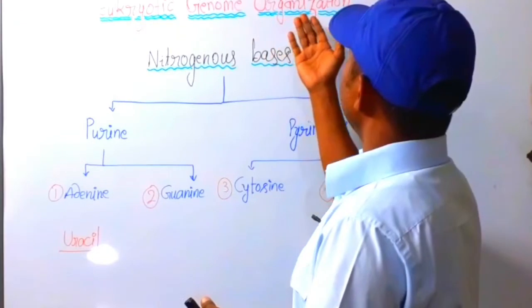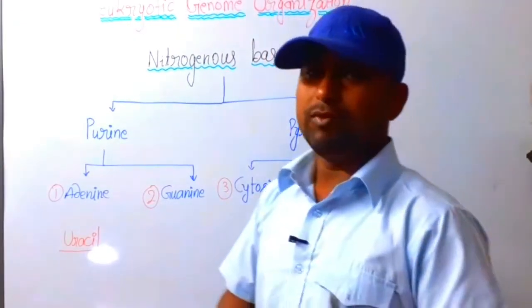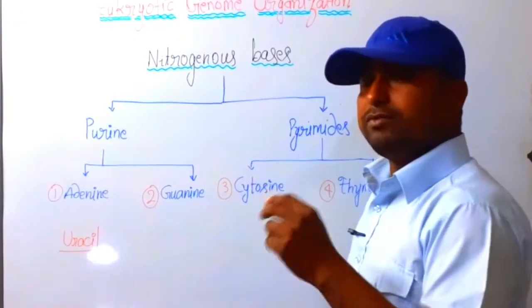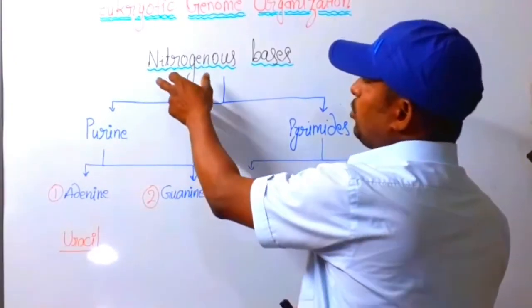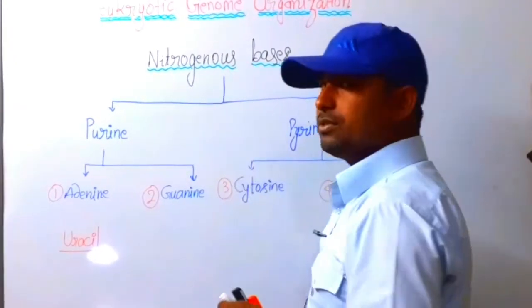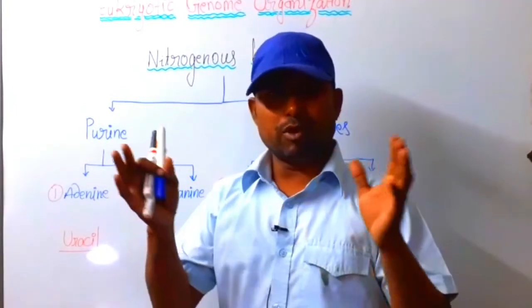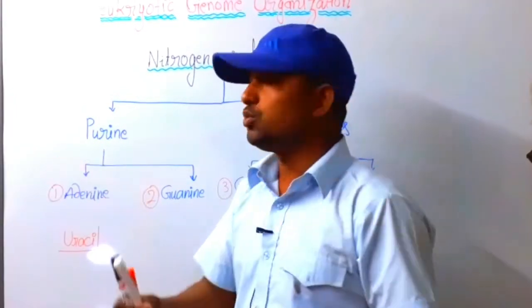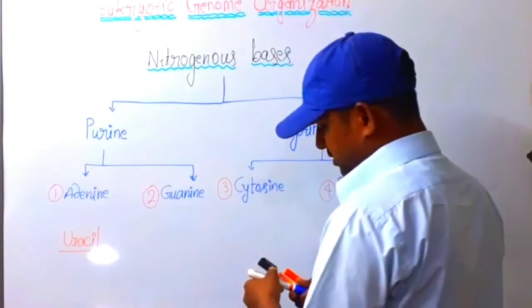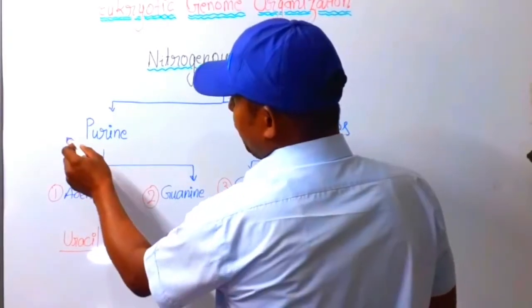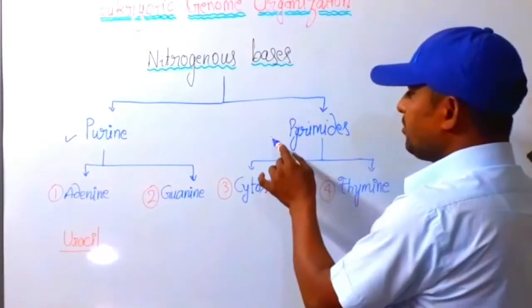Eukaryotic genome organization we will continue. Now let's study the nitrogenous bases. Nitrogenous bases are broadly divided into two parts: purine and pyrimidine.